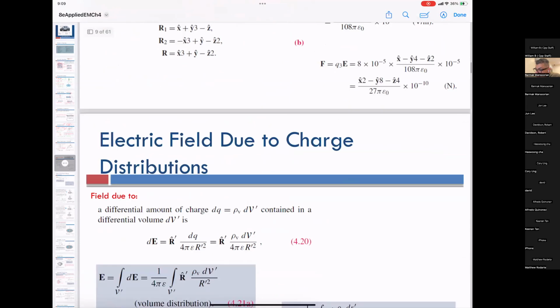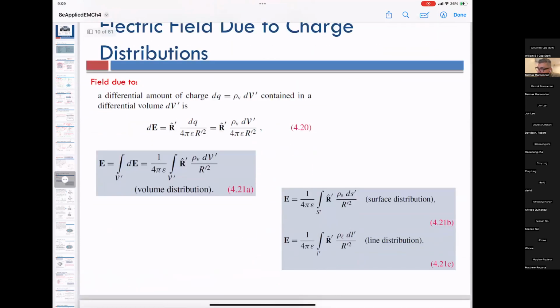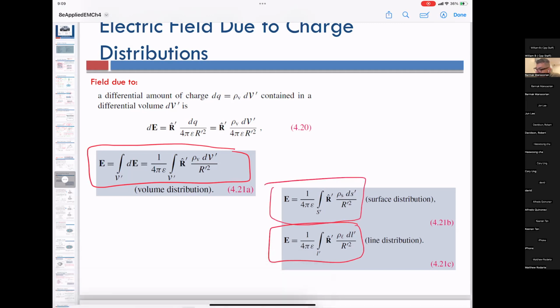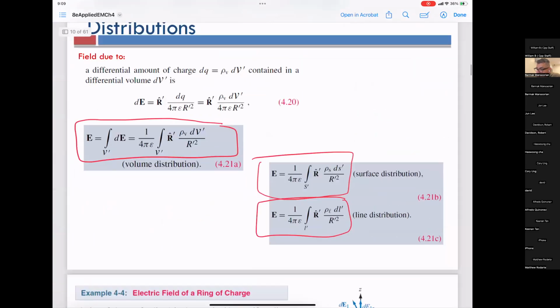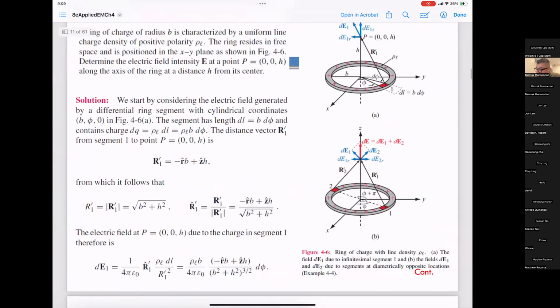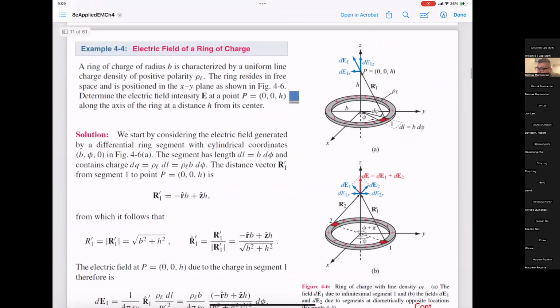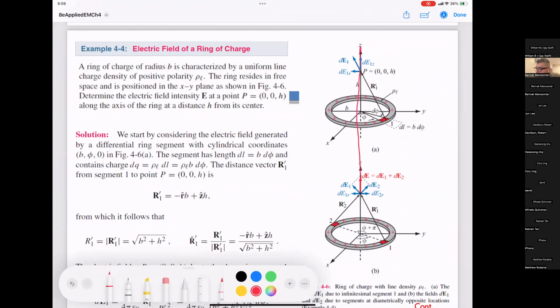And if you had a continuous density of charges, you would end up doing an integral. So you do a volume integral, line integral, or surface integral if you had a continuum of charges. Okay, this is actually a cool example, but it gets really painful. This is a typical example of figuring out the electric field caused by a ring that has uniform charge density, along the z-axis.